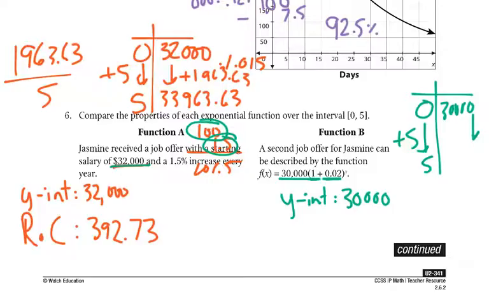Then year 3, 31,212. Year 4, 31,836.24. And year 5, she'd have 32,472.96.